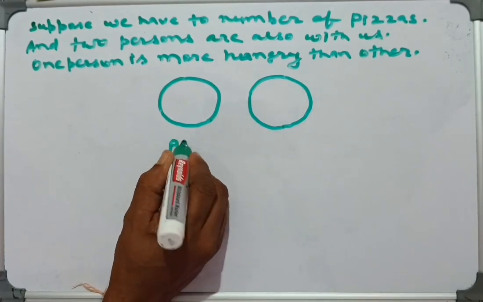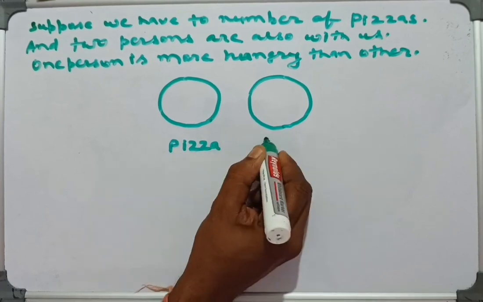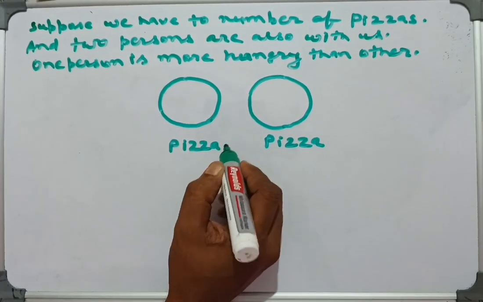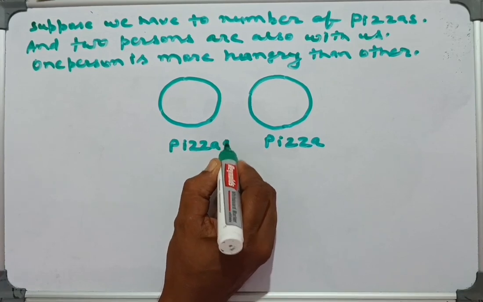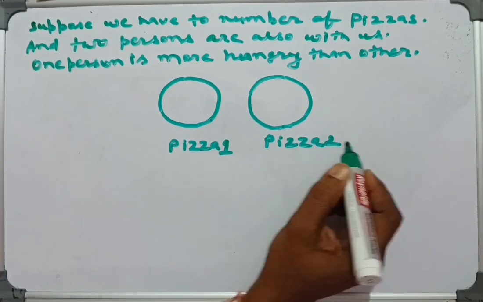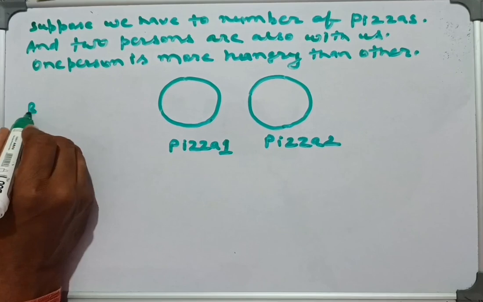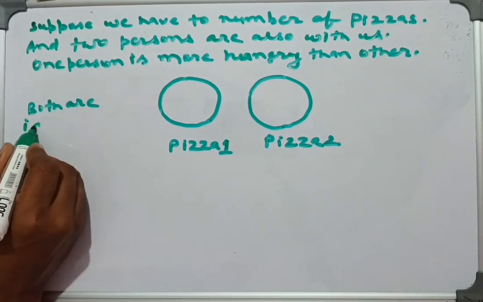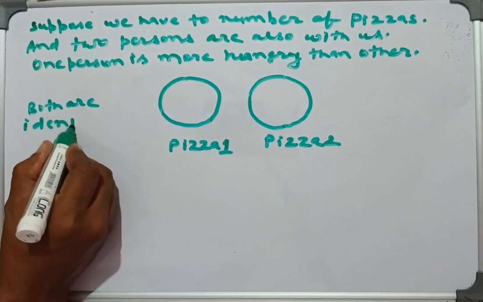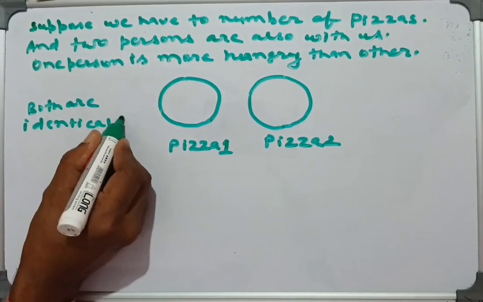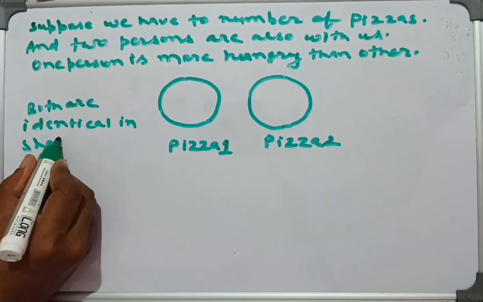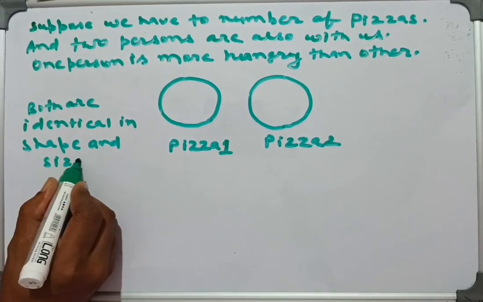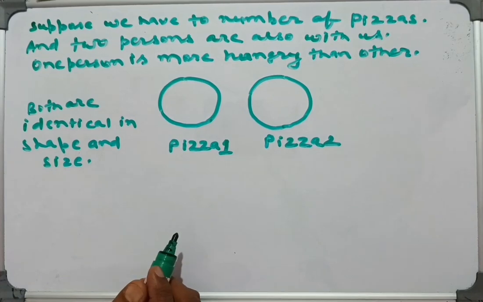Now this is a pizza, this is also a pizza, okay. This is one and this is two, and both are identical in shape and size, okay.